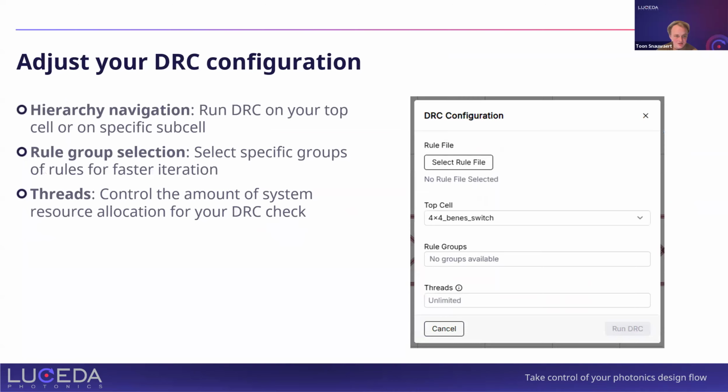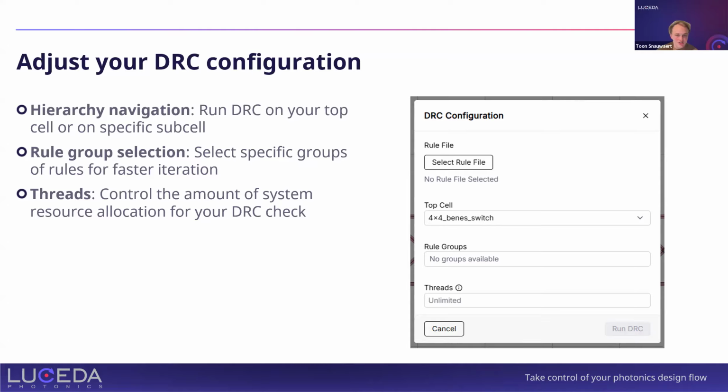Now I can talk a bit about the features and more advanced settings. In the DRC configuration window, you can select a specific subcell instead of selecting your top cell, by doing hierarchy navigation.